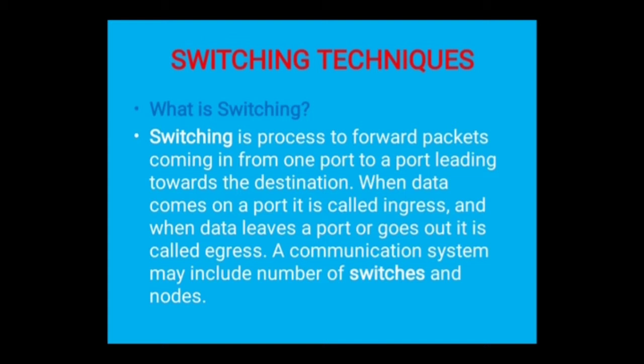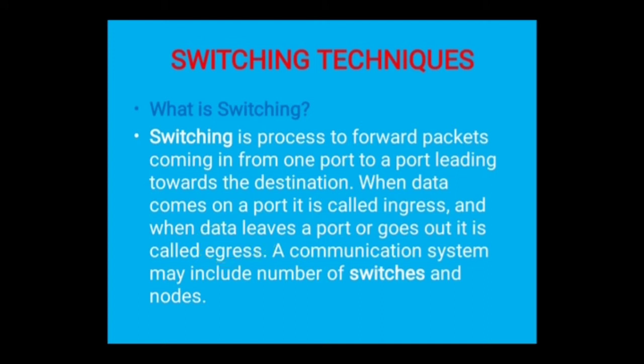So what is switching? Switching is the process of forwarding packets or data. In other words, a message can be termed a packet, which comes from one port to another, leading towards the destination. When the data comes on the port, it is called ingress, and when the data leaves the port, it is called egress.